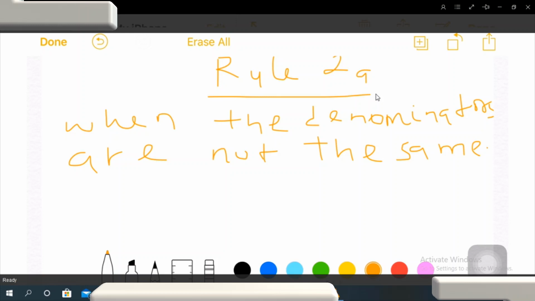When the denominators are not the same, let me just make this rule 2, then I'll break it down. So a, when the denominators are not the same, this is what you can do. So in this case, let's say rule 1, rule I, so that we don't get confused here.